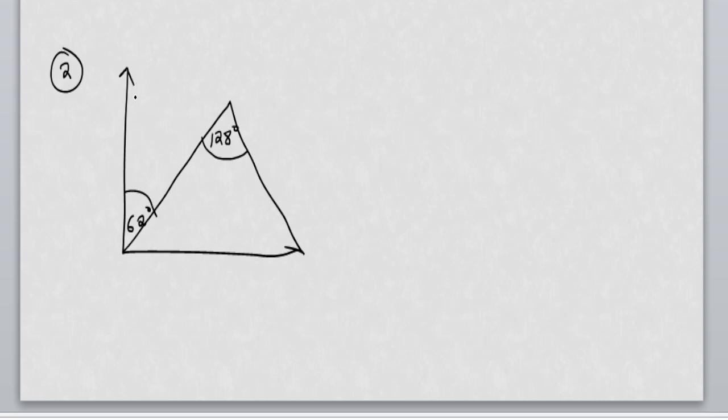So this was the north. Then this is point B, this is point A, and this is point C that we have there. So we've been given 128 there and 62 there. Now what do they want us to find?